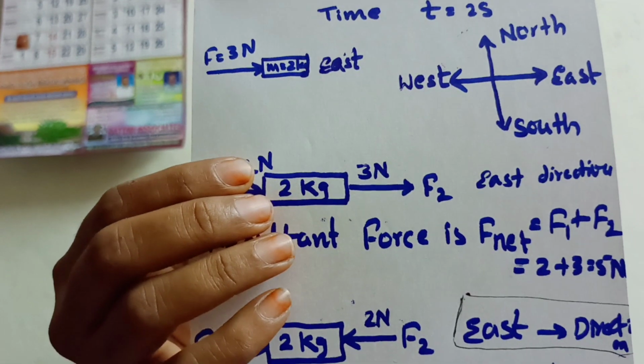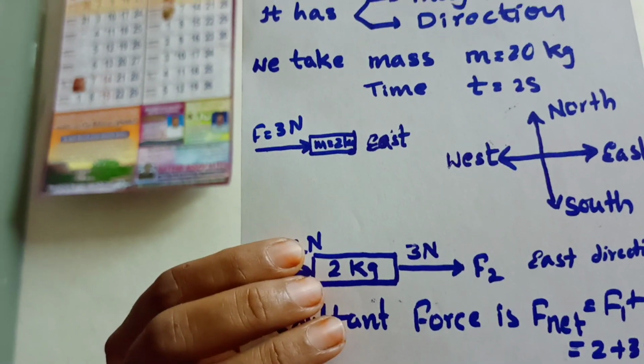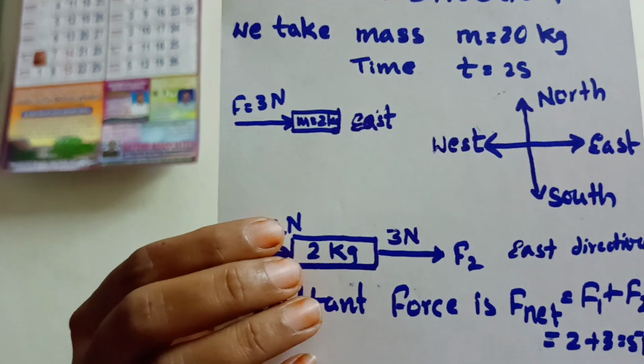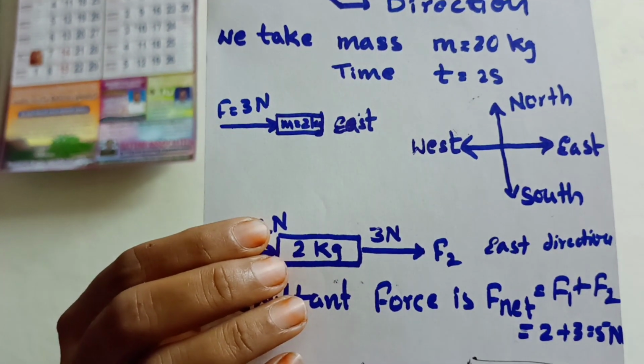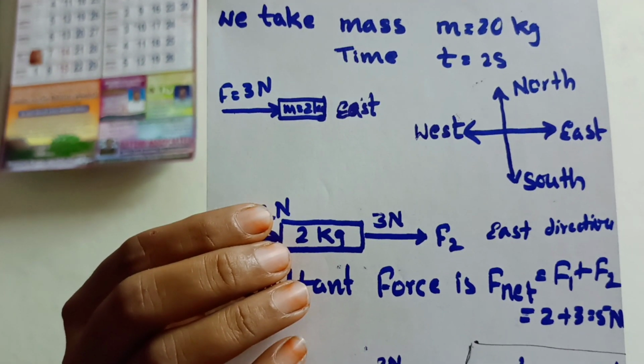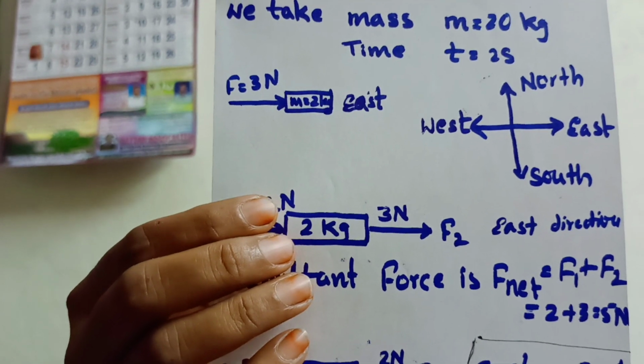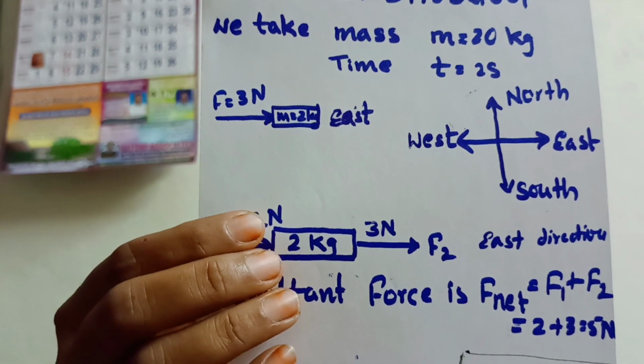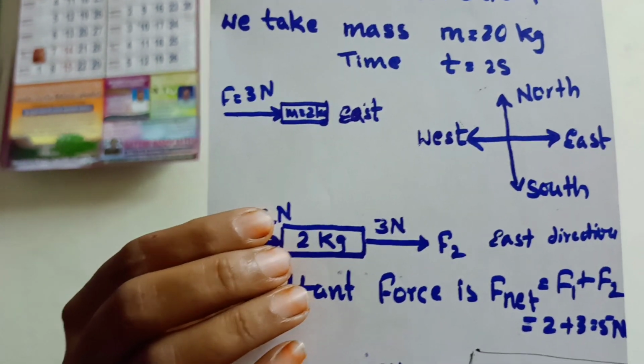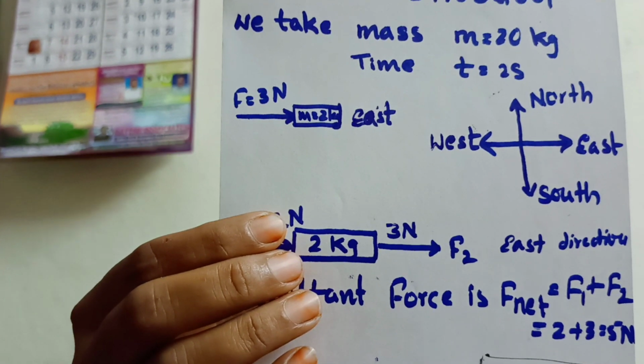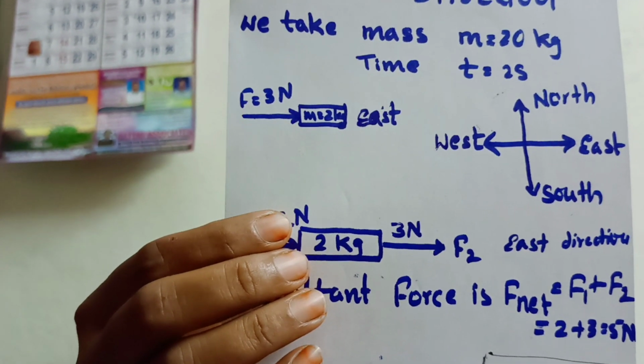Here Newton is the famous scientist's name, taken as the force unit. Listen, children. Vector is a physical quantity which has magnitude and direction. Scalar has only magnitude.